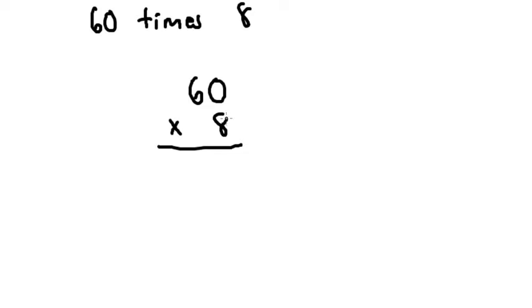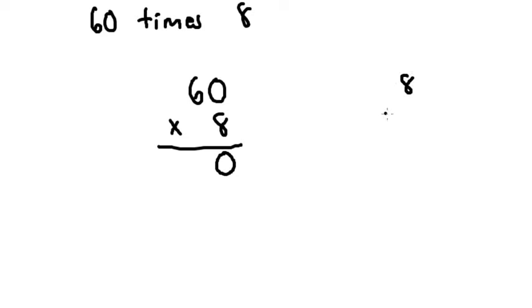And then we multiply the ones digit on bottom by the ones digit on top. So that would be 8 times 0. Anything times 0 is 0. And then 8 times 6. 8 times 6 is 48.